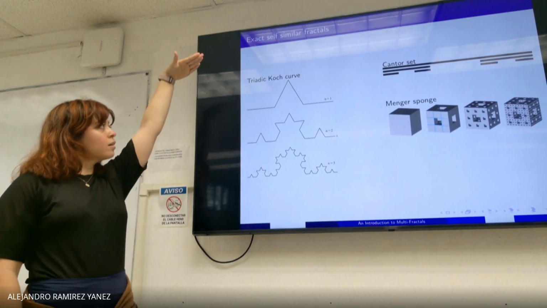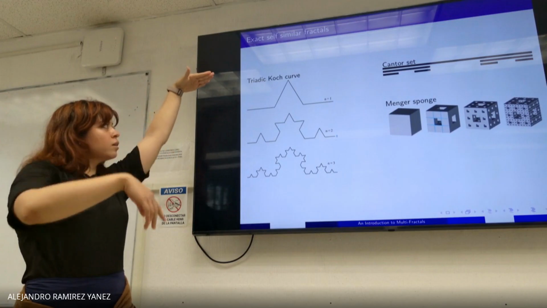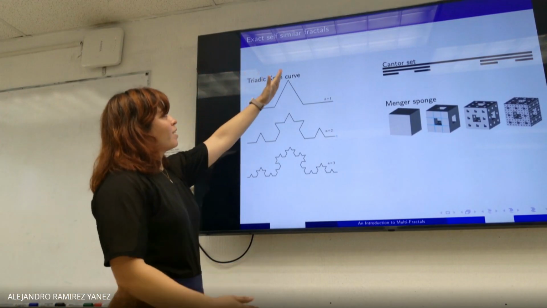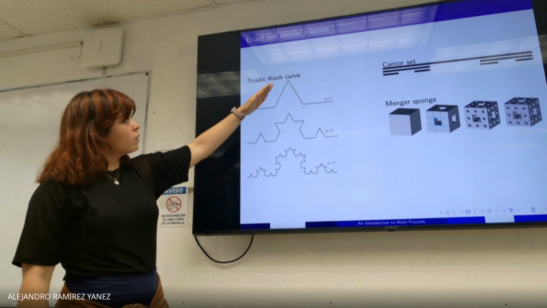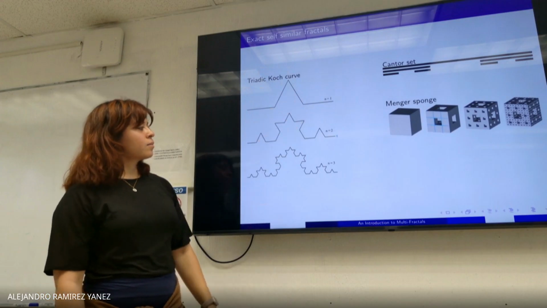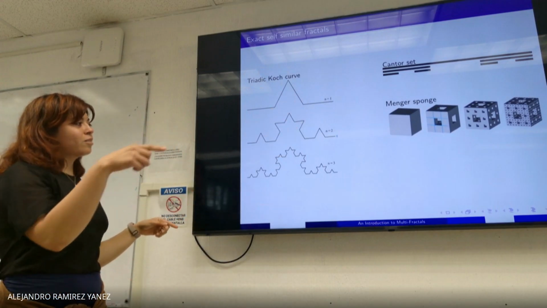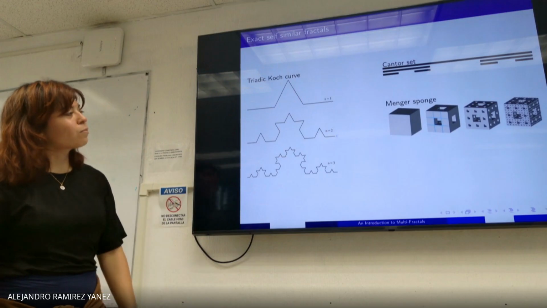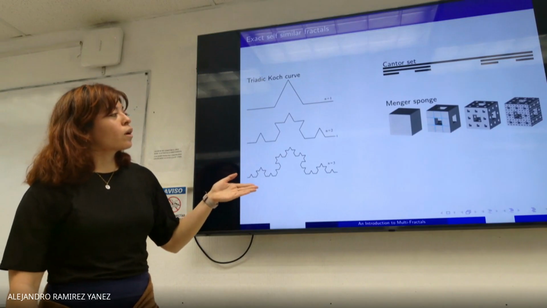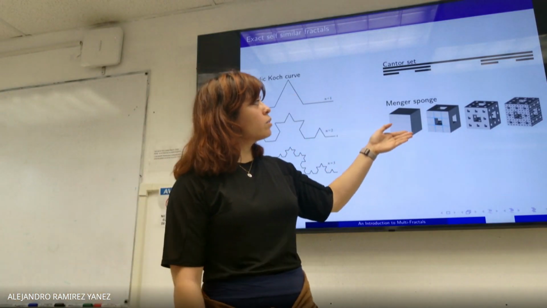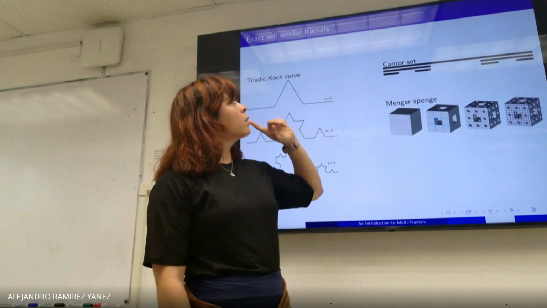We start with a straight line, then we break it in three, and we put here a third and here a third. And we repeat this pattern with the straight lines until you have something with lots of peaks. This is the example for the continuous fractal, and there are two examples for the discontinuous fractals.